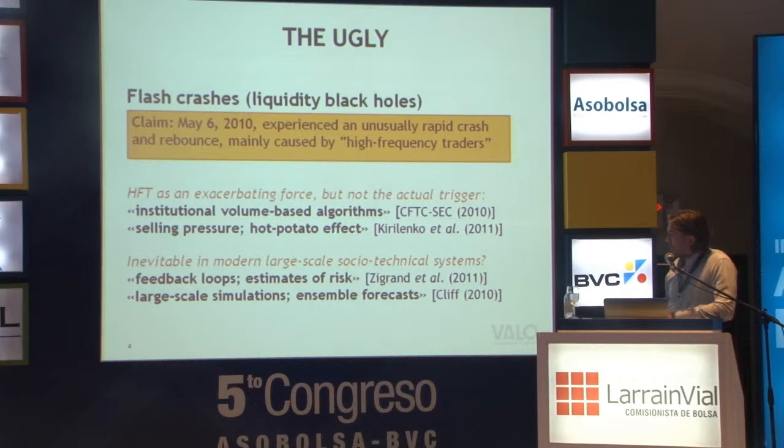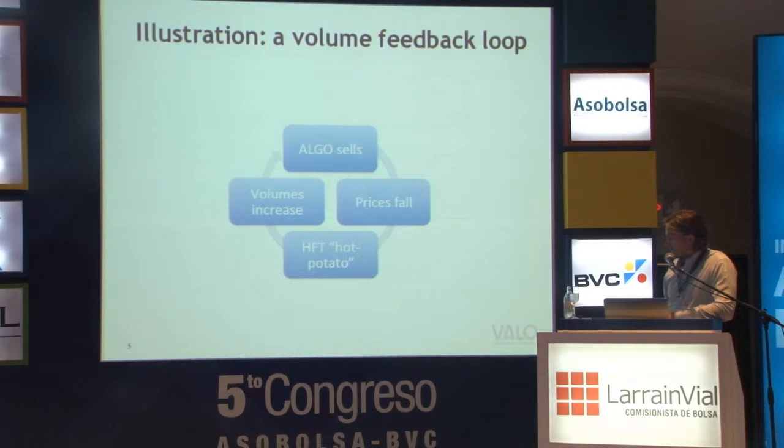Anyhow, there were several other papers researching this, and what they found was sort of a hot potato effect. Just to illustrate here, what happened on May 6th, according to the official report, was that there was this huge algo selling in E-mini S&P 500 futures, and it was triggered by macroeconomic worries in Europe.